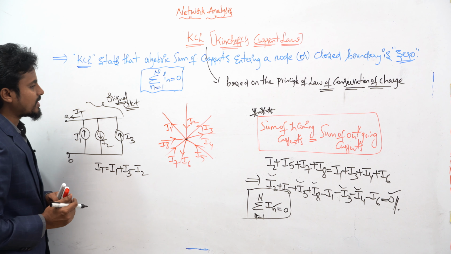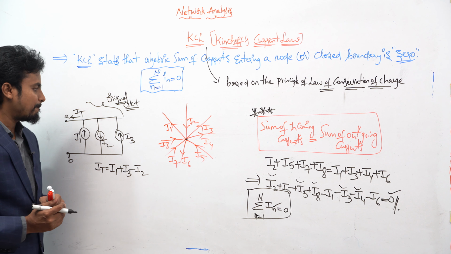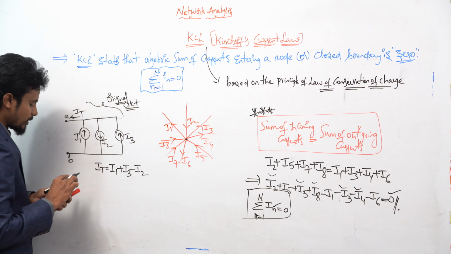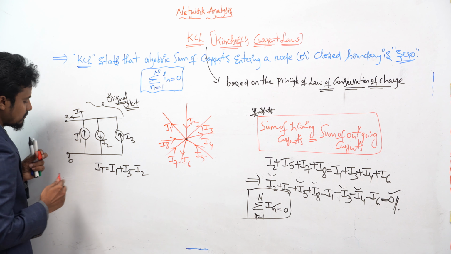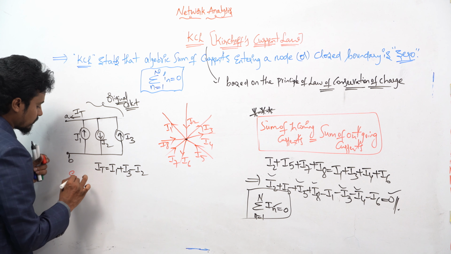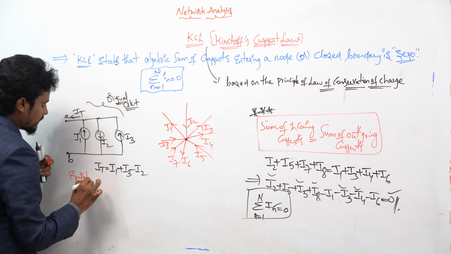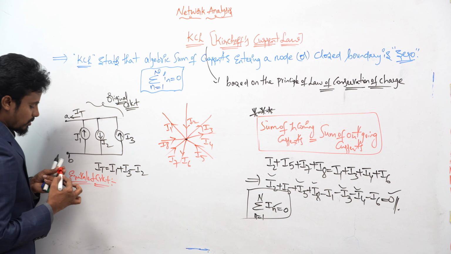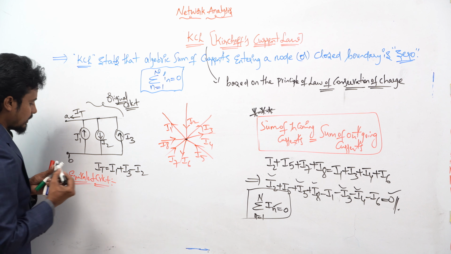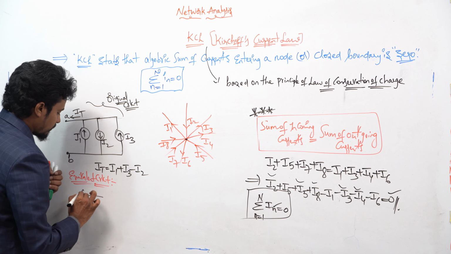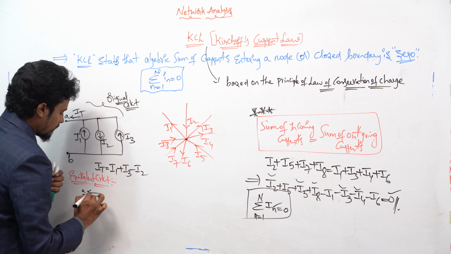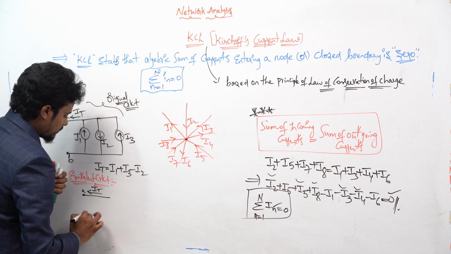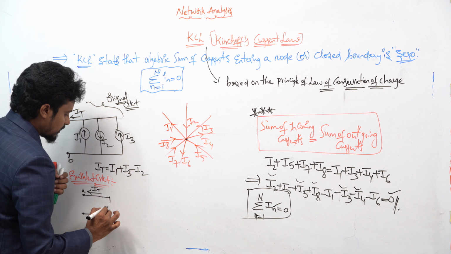For this original circuit, if I consider my equivalent circuit, what will happen? For the equivalent circuit, I will consider this as my point A, and here my current is IT.